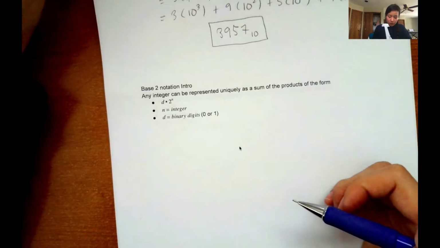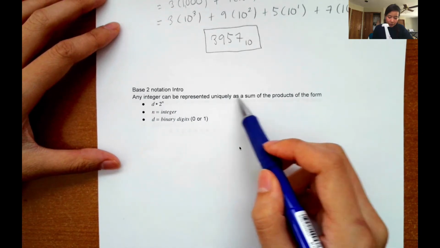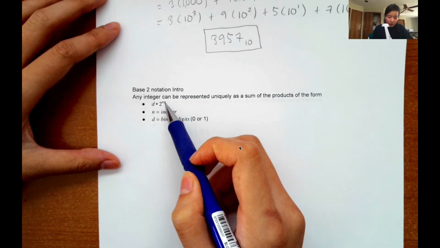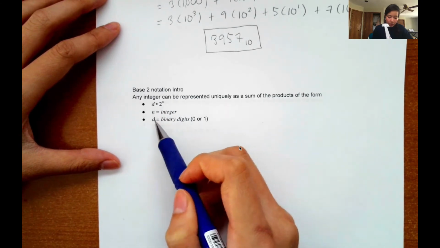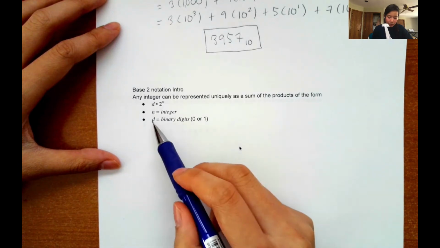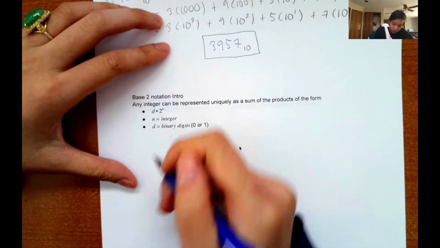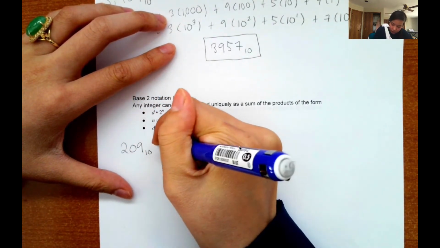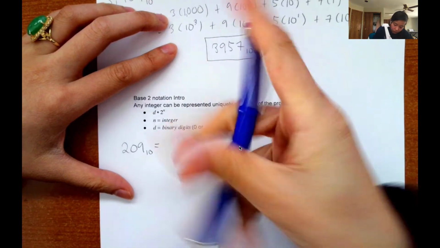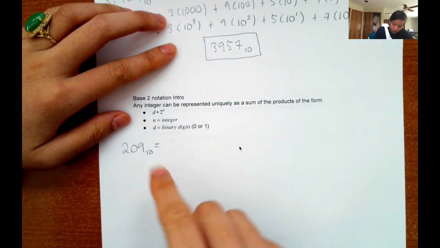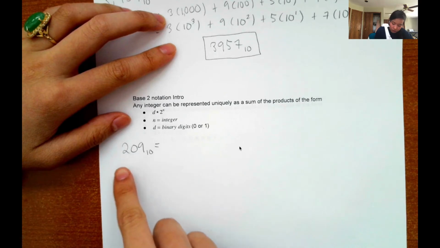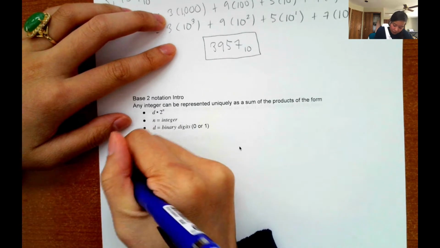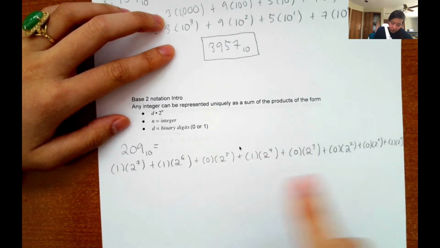Okay, now let's look at base 2. Any integer can be represented uniquely as a sum of the products of the form d times 2 to the nth power. So n is an integer, and d is equal to binary digits. So d can either be 0 or 1. Let's say, for example, we have the number 209 in base 10. When we rewrite this number so that it's the sum of the products in the form d times 2 to the nth power, we get this equation right here.